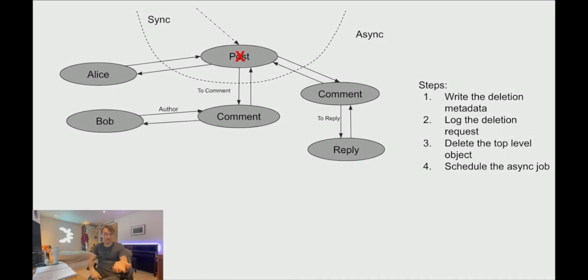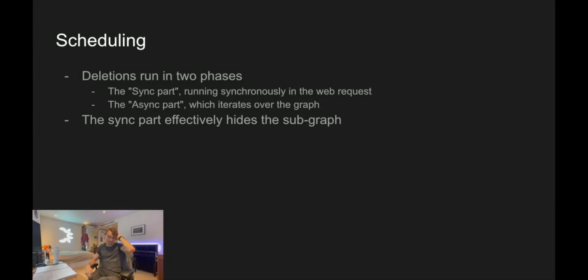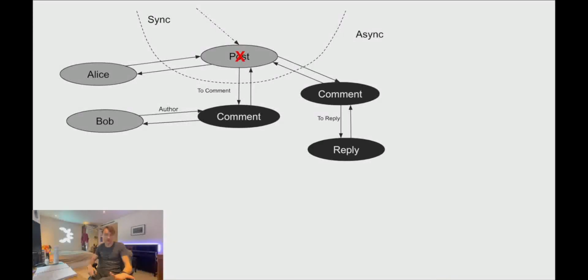In the example that we saw earlier, the sync part would only be responsible for deleting the top level object, which here is the post. And the sync part is also responsible for hiding the rest of the subgraph. How this works is, when the post is deleted, all of the other objects in the graph have what we call privacy policies, which is a way to evaluate if someone has a right to see some content or not.